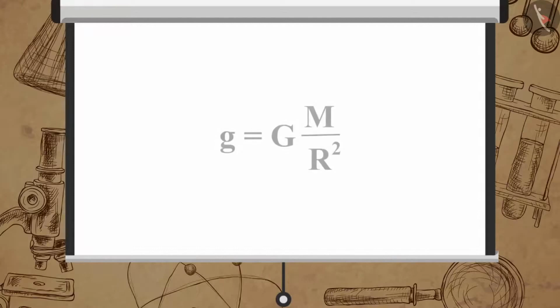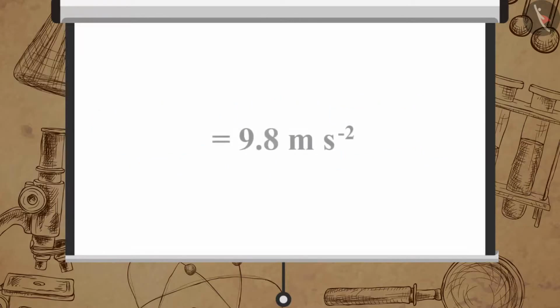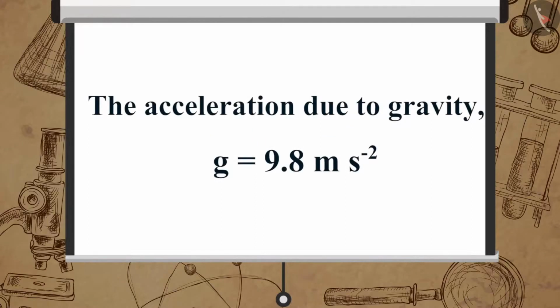We know g is equal to G M upon R square. So g is equal to 6.7 multiplied by 10 raised to minus 11 Newton meter square per kilogram square multiplied by 6 multiplied by 10 raised to 24 kilogram, per 6.4 multiplied by 10 raised to 6 meters the whole square, which is equal to 9.8 meter per second square. Therefore, the acceleration due to gravity g is equal to 9.8 meter per second square.